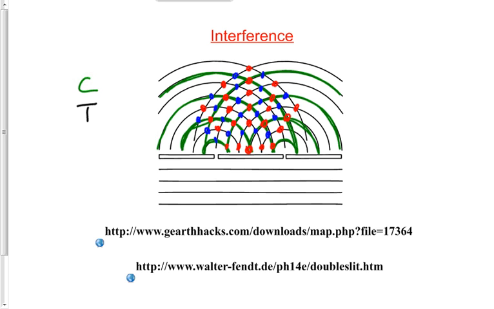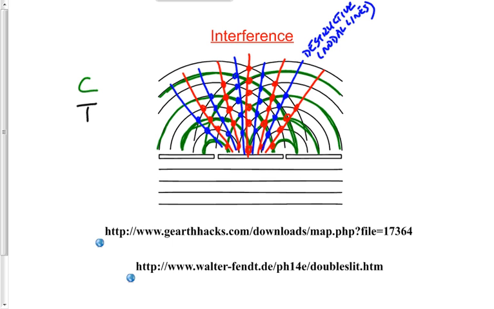If we start joining these lines together, then we get these lines of destructive interference, and we also get these lines of constructive interference. The areas of destructive interference, that's where a crest met a trough, we call nodal lines.